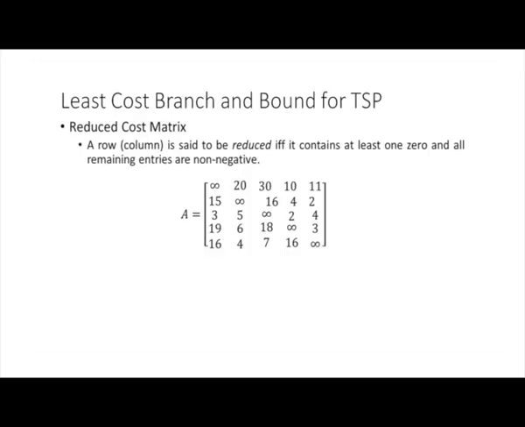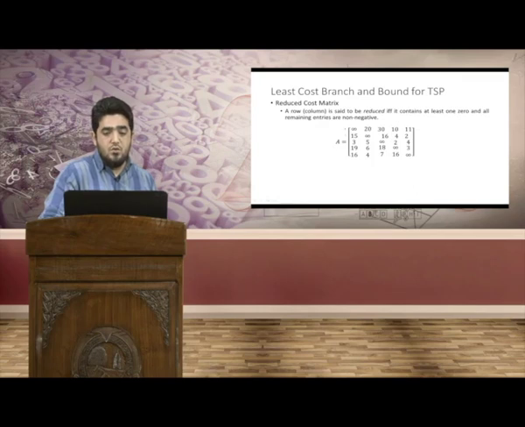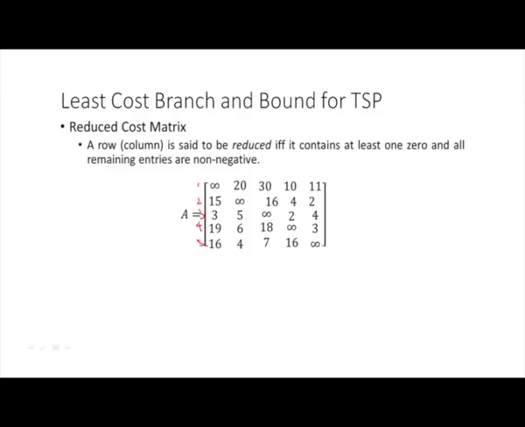Let's label this as row number 1, this is row number 2, this is row number 3, this is row number 4, this is row number 5. Similarly, this is column number 1, column number 2, this is column number 3, this is column number 4, and this is column number 5. So what does this row number 1 represent? It means this is the cost of going from vertex 1 to vertex 1.